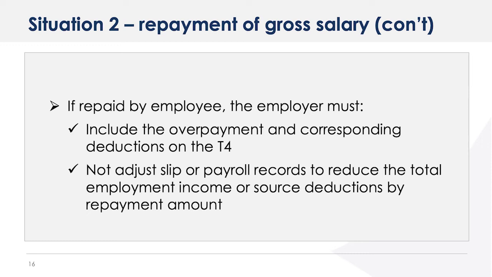Where the salary overpayment is made because the employee was paid for work they did not do, if the employee repays the overpayment, the employer must include the overpayment and corresponding deductions on the employee's T4 slip, not adjust the slip or the payroll records to reduce the total employment income or source deductions by the amount of the repayment.